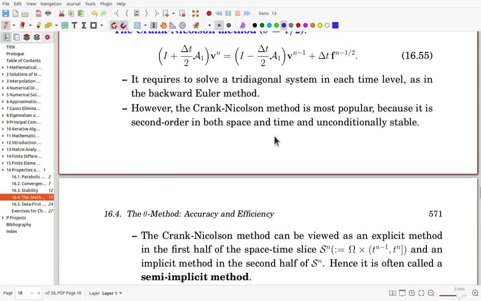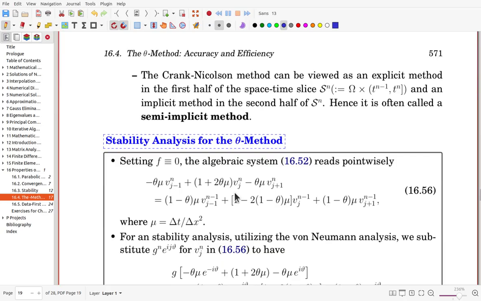Then it becomes this one. So along with mu = delta t over delta x squared, we can reach this equation for every point xj. Now, if we try to use the Fourier analysis, the first step is we can replace v_j^n with g^n e^(ij theta).